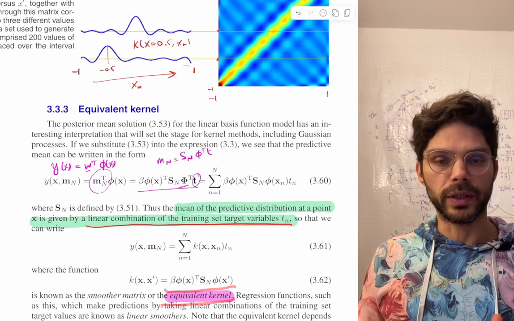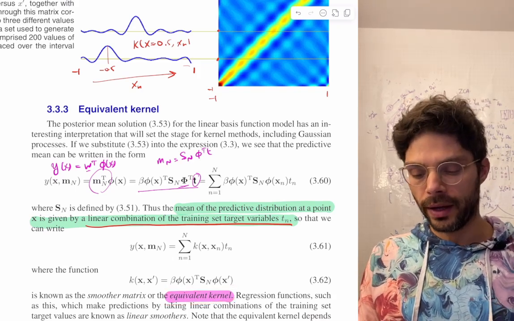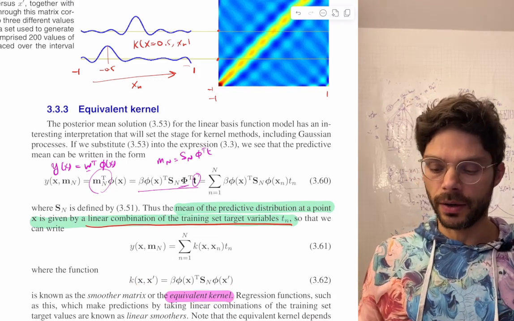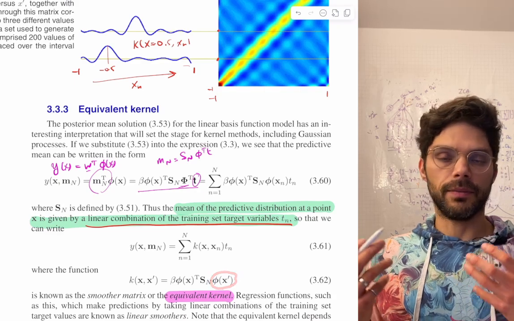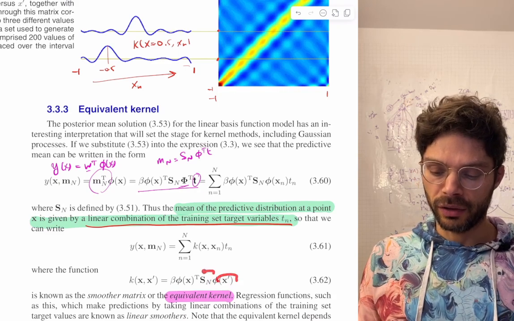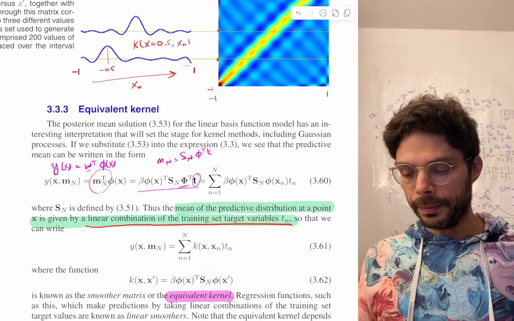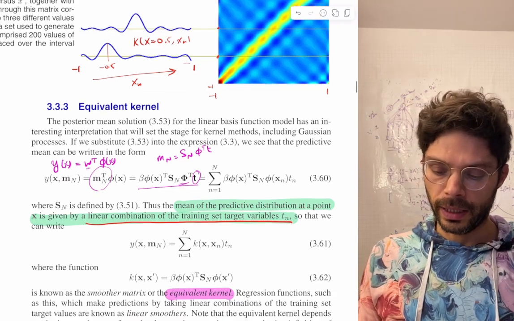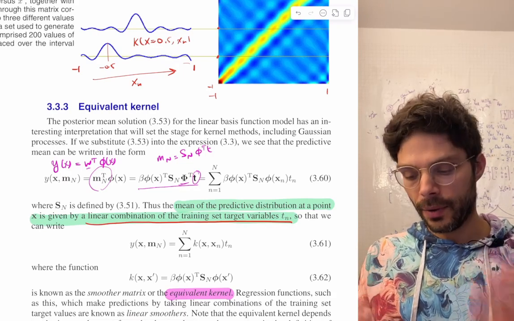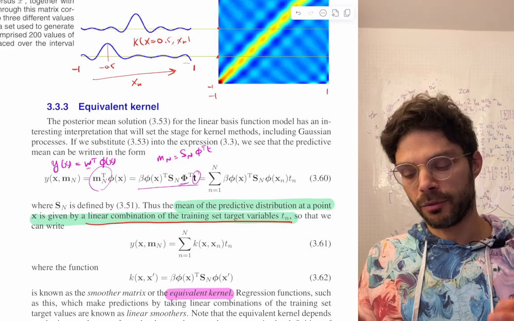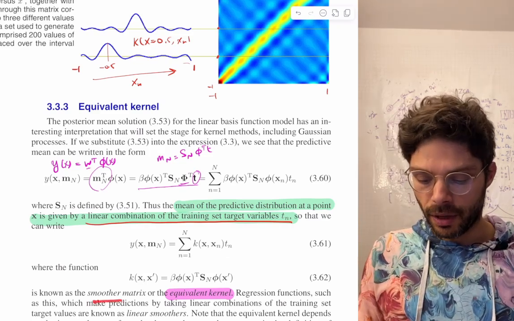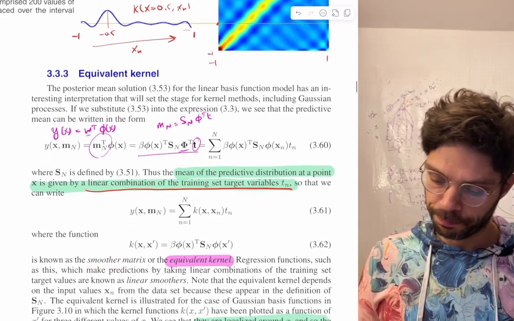We call it the equivalent kernel, and it tells you how much neighboring points influence each other, and that of course depends on the basis function you're using, and also the covariance of the data. So it gives us a new perspective on how we do regression, one that's focused on the input data itself, and sees it as a smoothing or interpolation problem.